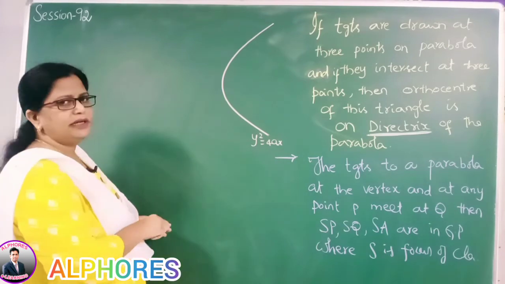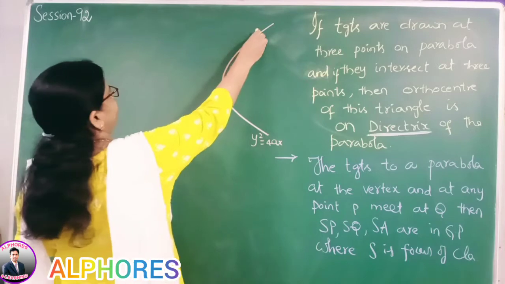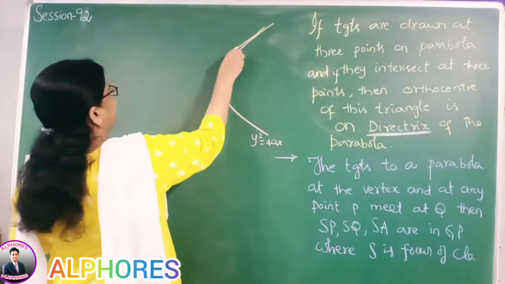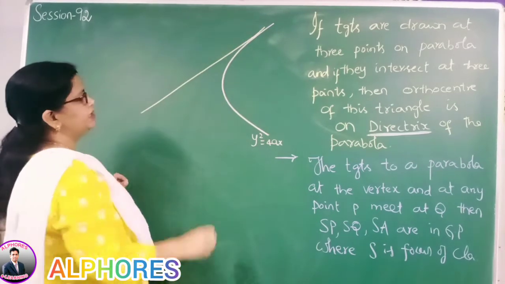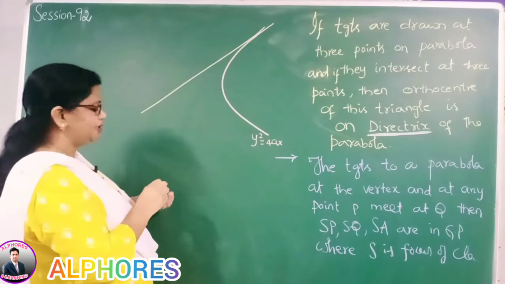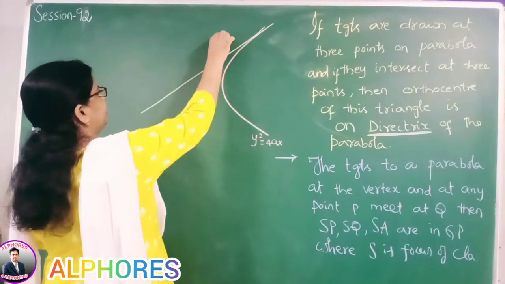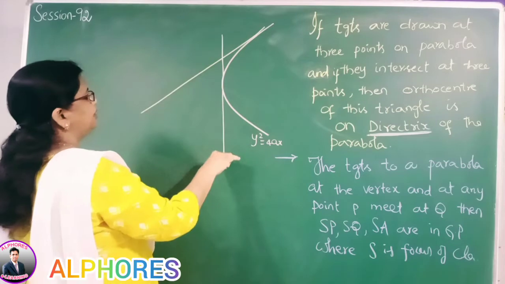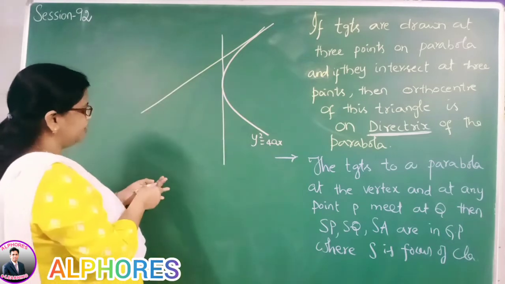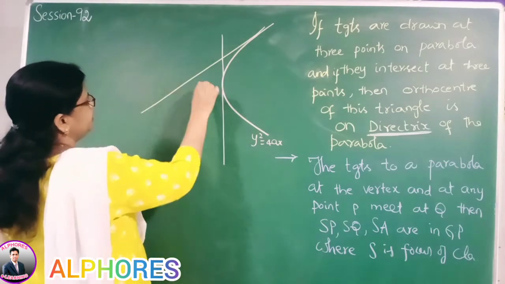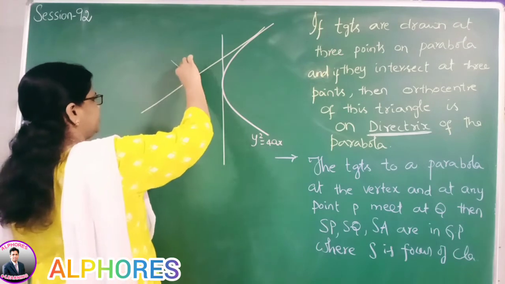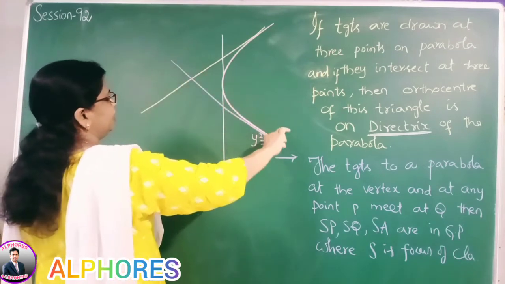Now let us take a tangent, suppose at T1. This is the tangent drawn at T1. And one more tangent, let us take, drawn at another point, suppose T2. And the next tangent is drawn at the next point, suppose it is at T3. So this is another tangent drawn at T3.